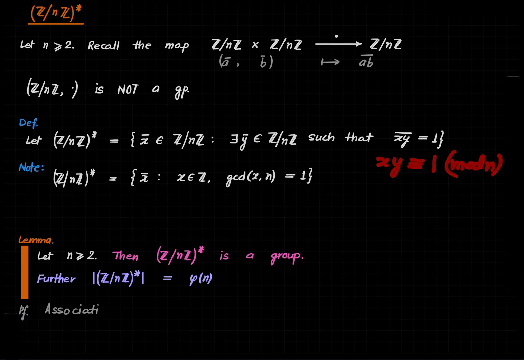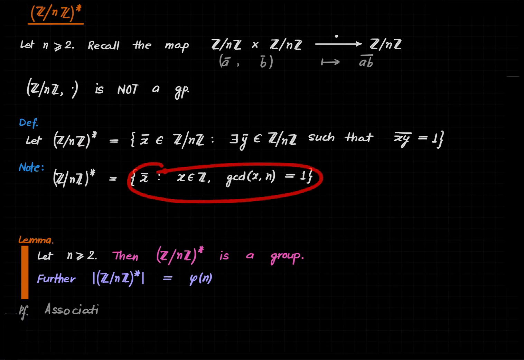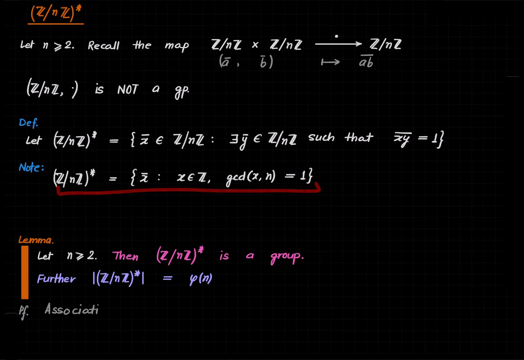But that would immediately imply that n and x have GCD 1 by a similar reasoning as we saw in the previous page, because this means that xy minus nk equals 1 for some integer k, and hence x and n have GCD 1. So anything here is definitely here. Now, if something is here, it is also there by Bezout's theorem. So this observation is crucial, but not difficult because we know the basic things.